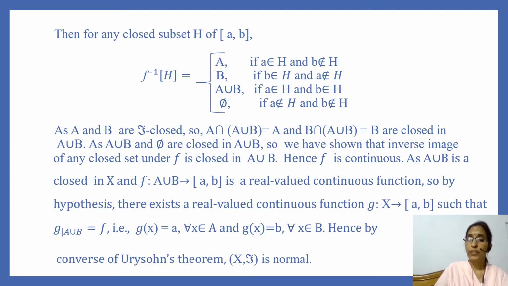So here we have g of x is equal to b. Hence, by converse of Urysohn's theorem, (X, τ) is normal.